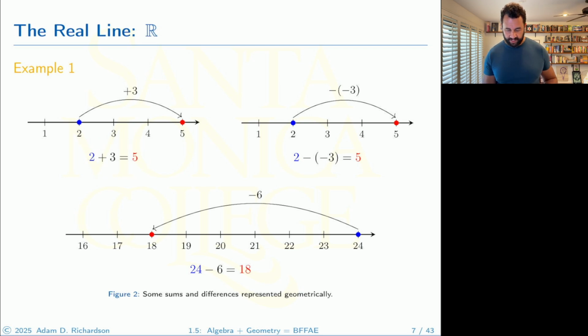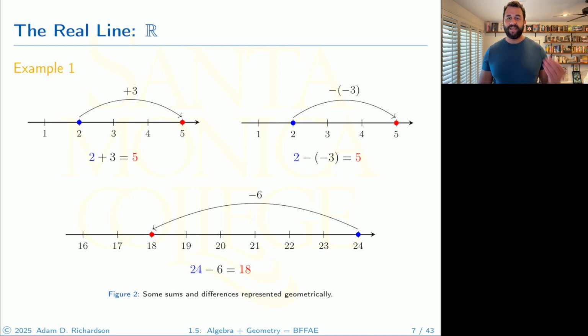2 plus 3 arithmetically looks like this: I'm taking 2, adding 3, combining, and I get 5. Geometrically, it's like starting at the number 2 and going 3 units to the right to end up at the number 5. Or how about this? Here I'm subtracting -3.